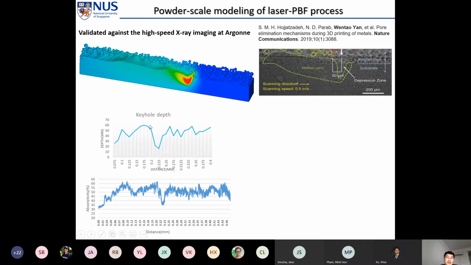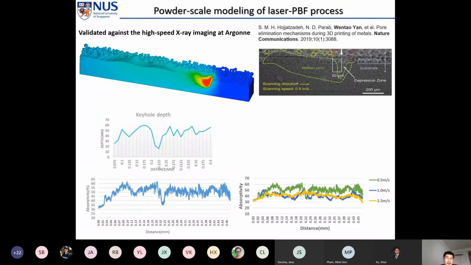This is because with a deeper keyhole, there will be more reflection of the laser, so there will be more energy absorbed. And even for the same part geometry, we use the same power but different scan speed. The keyhole depths will be different, so the energy absorptivity at different locations will be different.